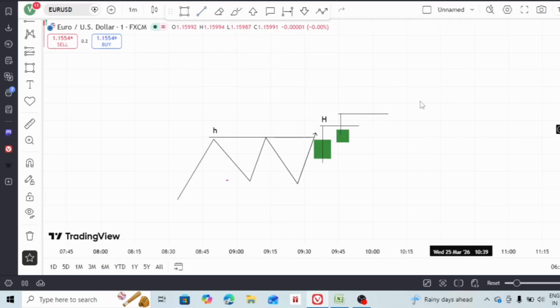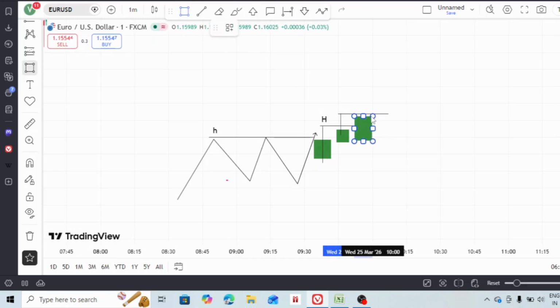Okay, the liquidity is shifting, and then suppose it breaks like this with the body here, but then this particular candle did not break the previous candle's high, which means that this is also not the valid higher high.